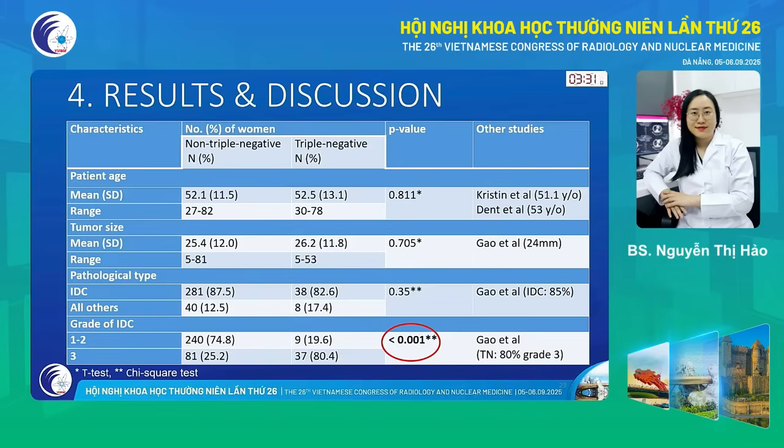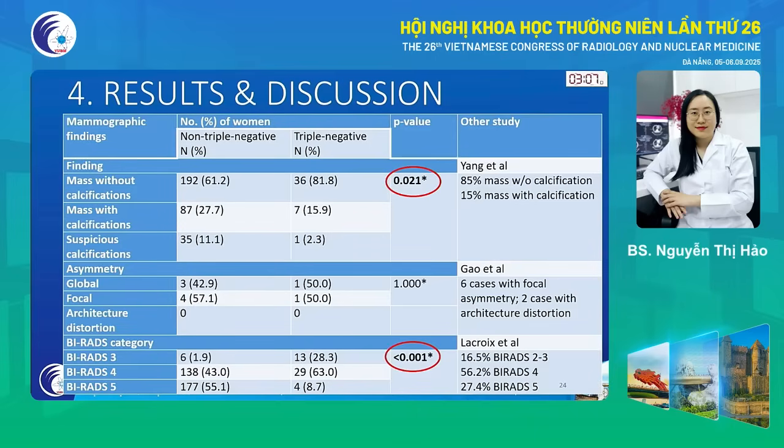Pathology type was quite similar between the two groups, with invasive ductal carcinoma the most common one. About the grade of invasive ductal carcinoma in the two groups, you can see here that in triple-negative, grade 3 is more than 80%, but in non-triple-negative, it's only 25.2%. This result was a statistical difference between the two groups.